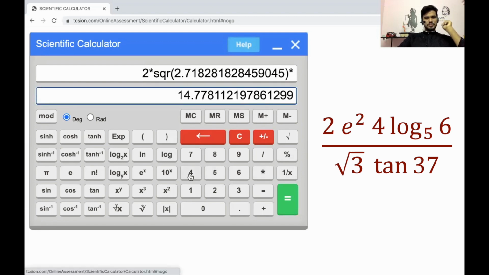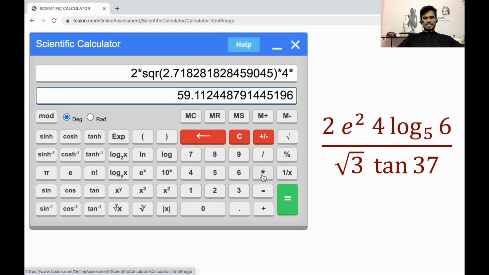Then do into 4. Again, that is simple. Okay, e square should be given as 2 and then e power x. You could do that. There are two ways to do it. 2 e power x, or put e and then do x square.